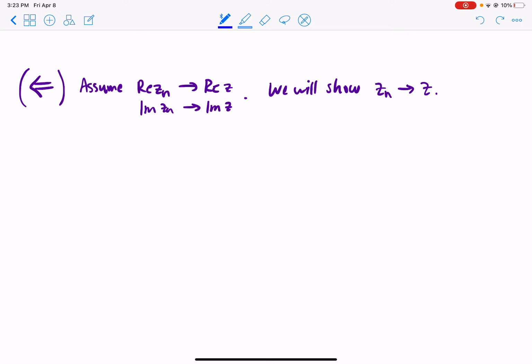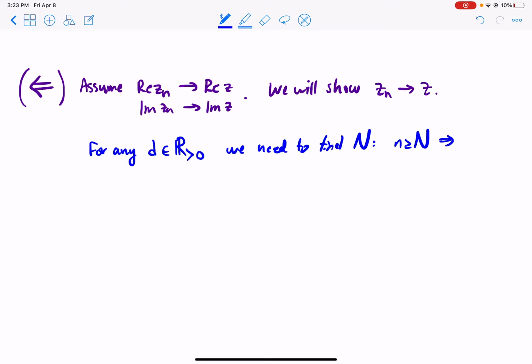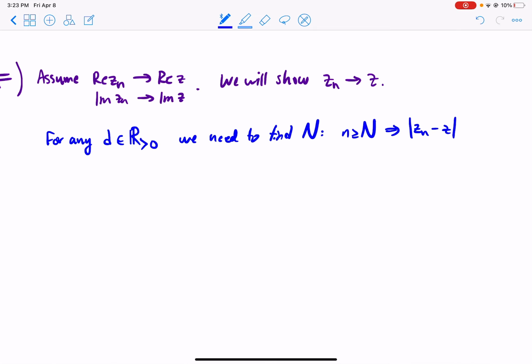So, for any d, a positive real number, we need to find capital N such that going past that cutoff implies that Zn minus z is less than d. Because that's what we need to show. Now, we can assume some control over these differences, and so that's going to help us.